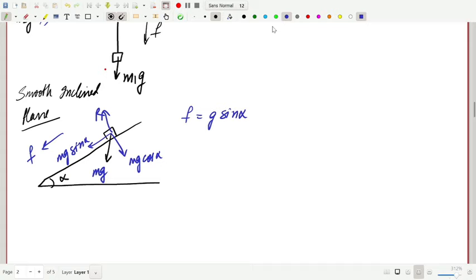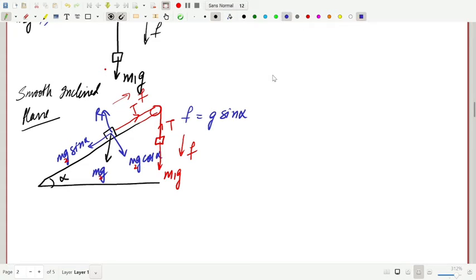Now, if we attach a smooth pulley here such that pulley is here and a mass is also attached to it. Here it is mass M2 suppose, and here the mass is M1G, tension T here, and it is downwards and it is moving upwards.